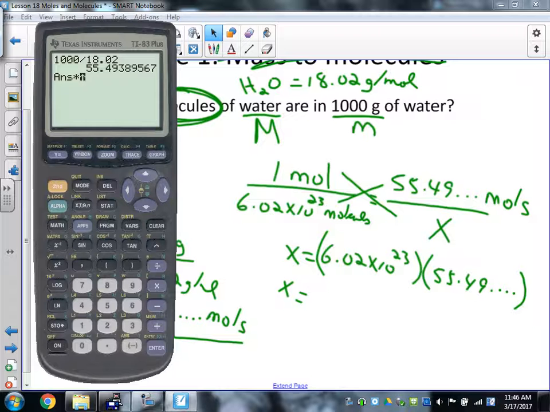You see that little A and S there? That means answer. So if you ever want to take the answer instead of writing the entire number out, you can just simply go times, that'll take the answer, and then you just type in 6.02 times 10 to the 23, and there you go, okay?